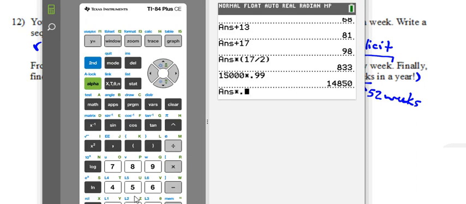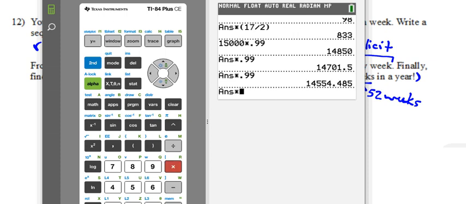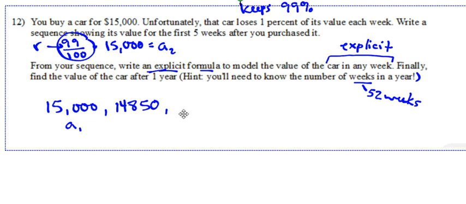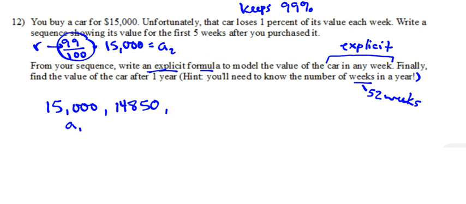All right, then we're using a recursive formula. We're just going to go times 0.99 times 0.99 times 0.99, for weeks 3, 4, and 5. So week 3, $14,701.50. I'll write it like that because it's money.